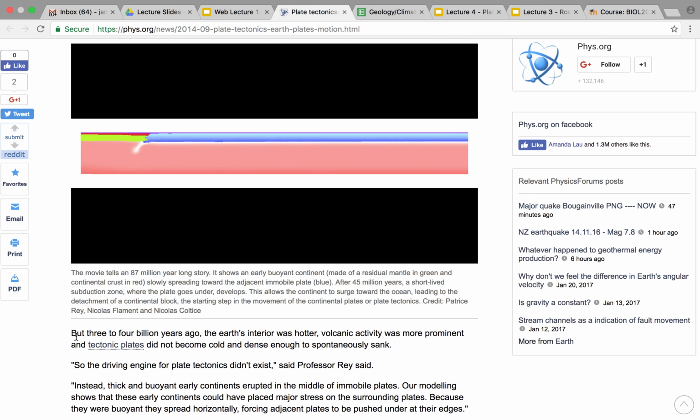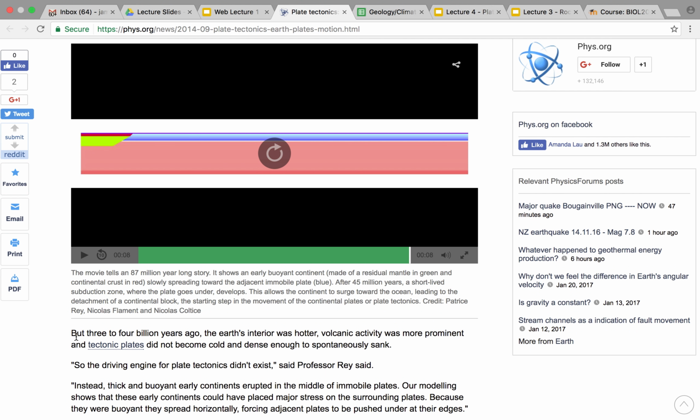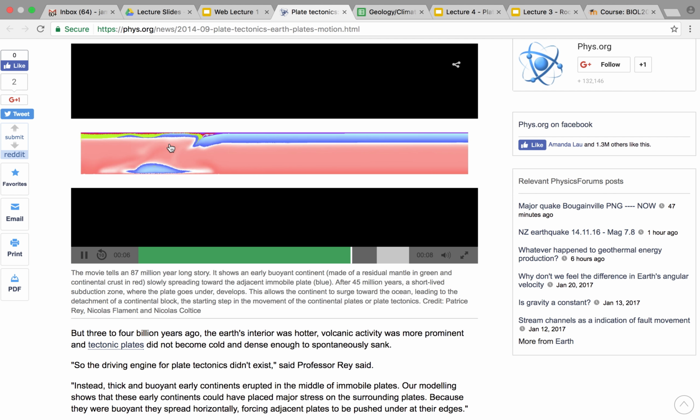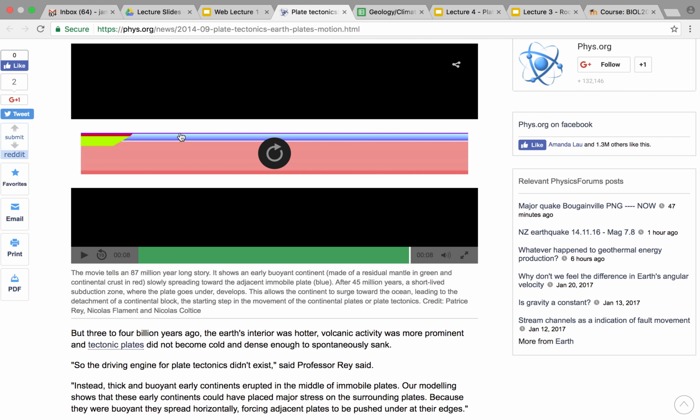Okay, so you can see the continent riding up over that plate. And as the plate subducts, it surges forward, and you start to get this breakup here. So you're actually forming additional continents here.